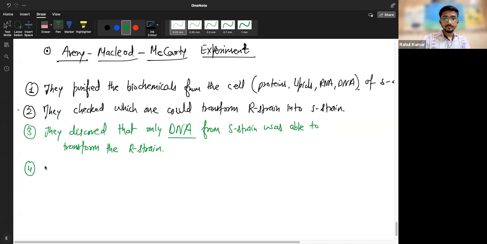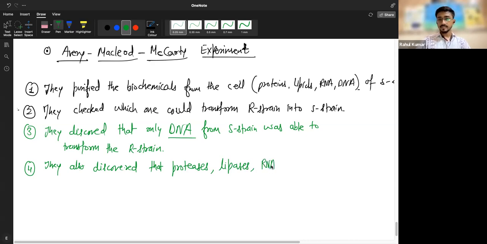They also discovered that protein digesting enzymes called proteases, lipid digesting enzymes called lipases, and RNA digesting enzymes called RNases did not affect the transformation. Because they were not responsible for transformation.